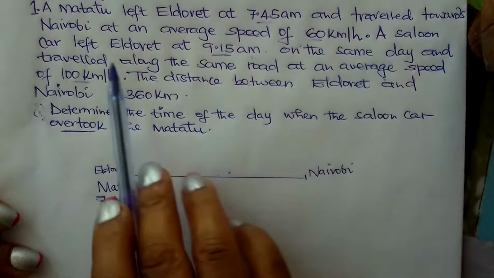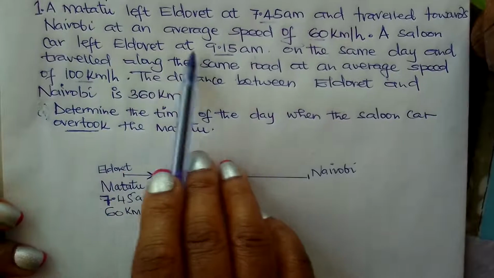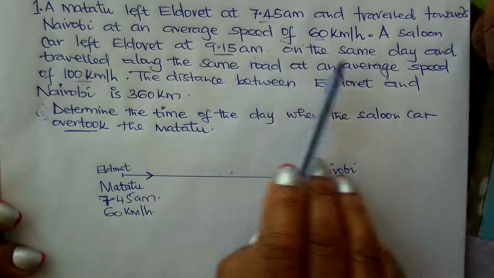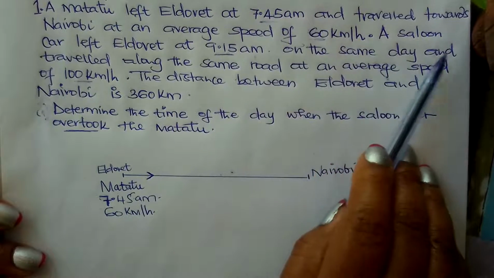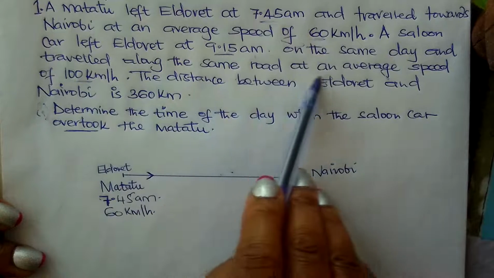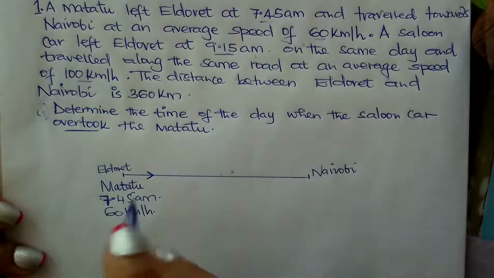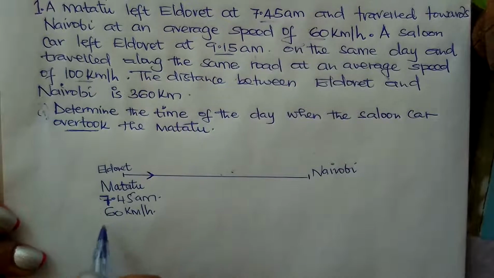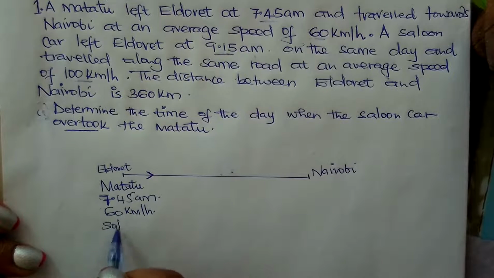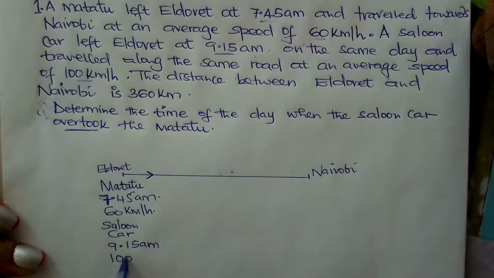Okay. A saloon car left Eldoret at 9:15 a.m. on the same day and traveled along the same road at an average speed of 100 kilometers per hour. Learners, these two vehicles are leaving Eldoret, though at different times. So you come and write here your saloon car. The car leaves Eldoret at 9:15 a.m. at an average speed of 100 kilometers per hour.